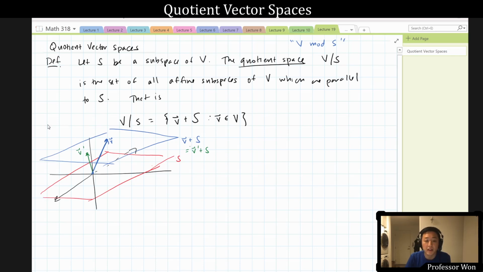Just like when you look at the integers mod 5, the equivalence class of 1 is the same thing as the equivalence class of 6.